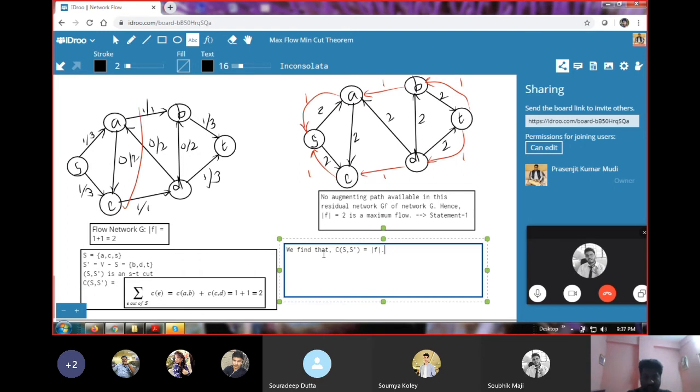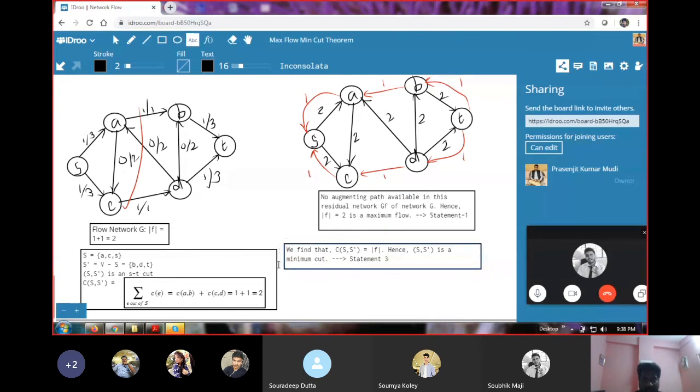Hence S comma S prime is a minimum cut, which is statement 3 of the theorem. Okay.